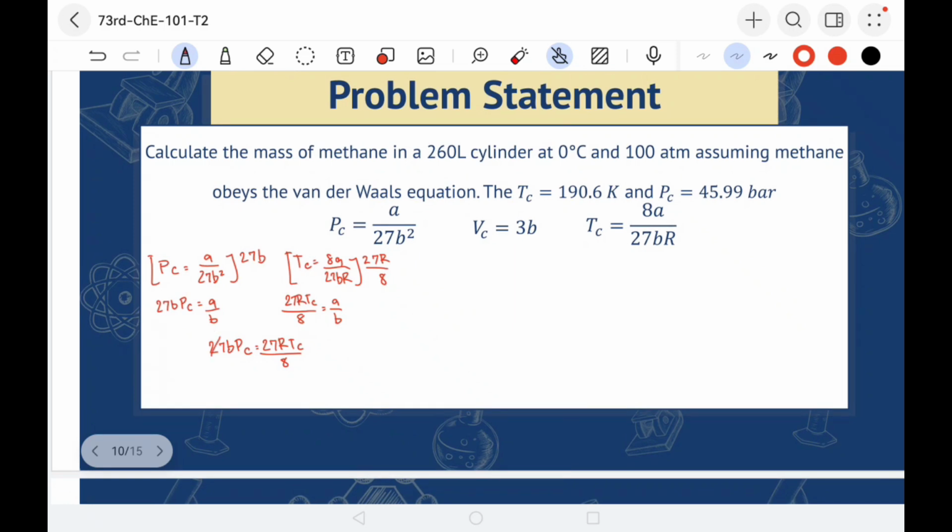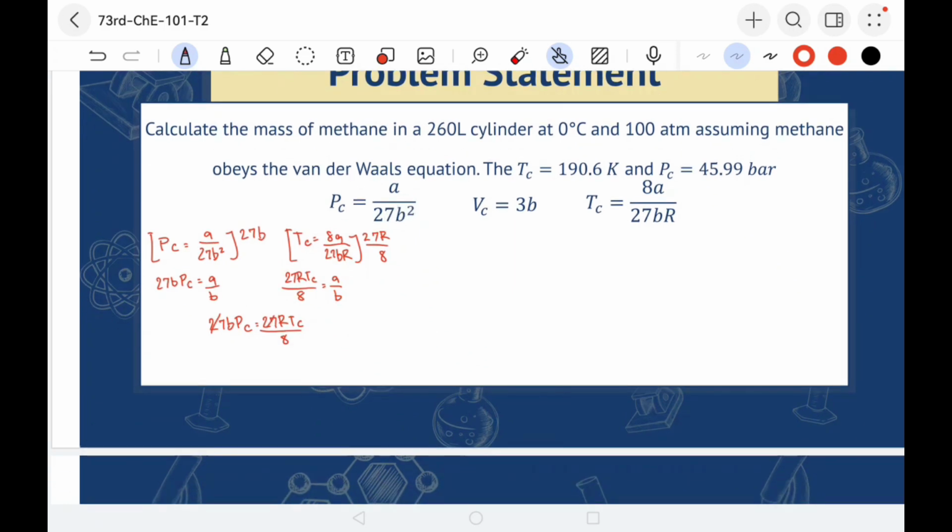And then we could cancel out 27 and then transpose PC to the other side to get b is equal to R TC over 8 PC for b. Now to get a, let us just substitute it to one of the original equations.